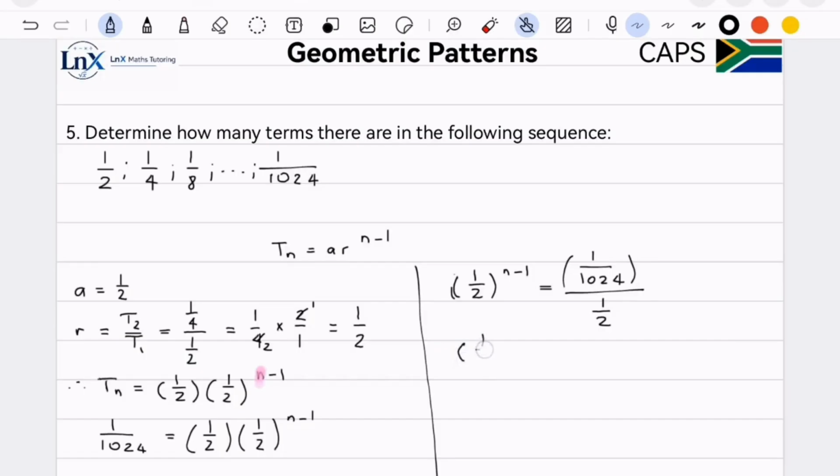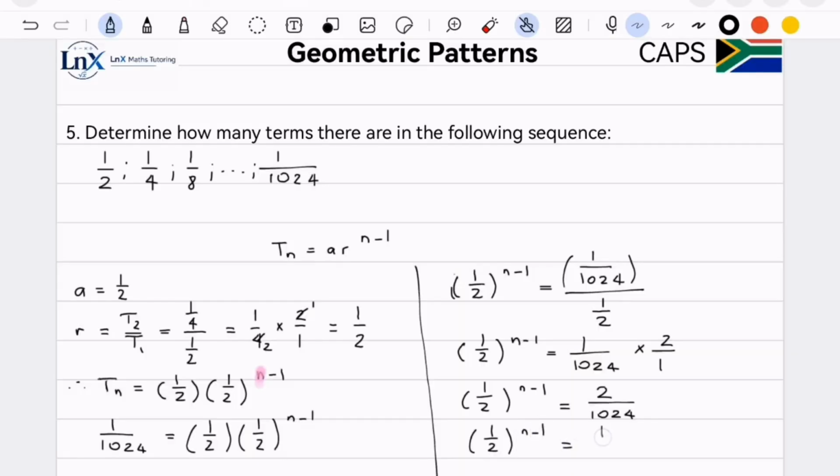So we're going to have 1 over 2 to the power n minus 1 on the right. On the left we have 1 over 1024 multiplied by 2 over 1, so that's 2 over 1024, and note the right side is 1 over 2 to the power n minus 1.